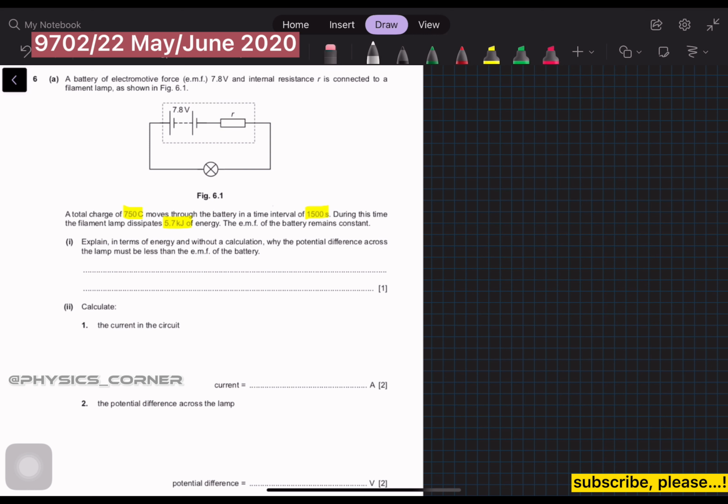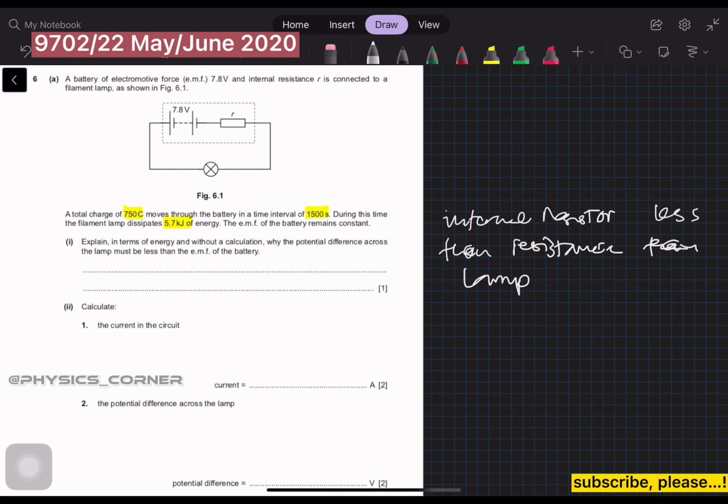Internal resistance is less than the resistance of the resistor, then the lamp.